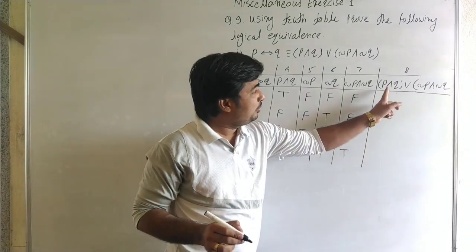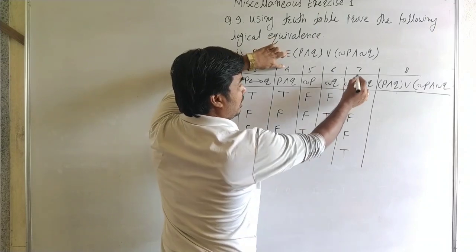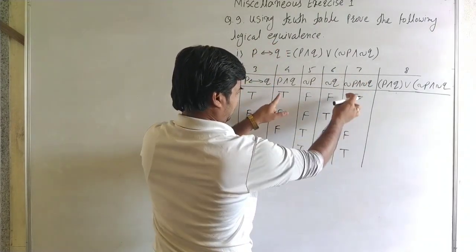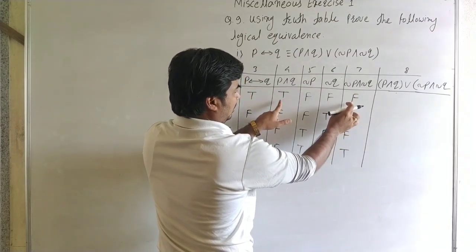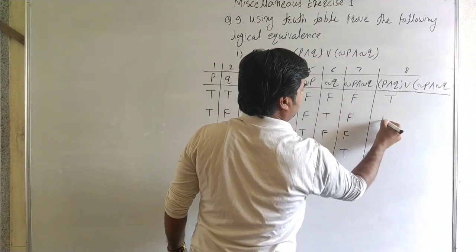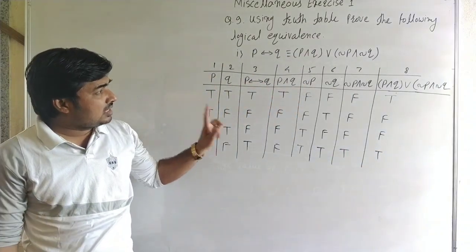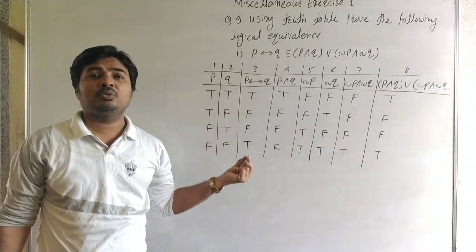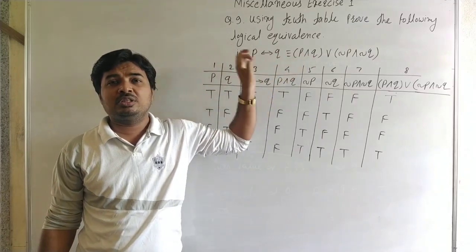Now we want to find P and Q or negation P and negation Q. That means we take column number 4 and column number 7 and find the OR of these two statements. In OR, if at least one is true, the truth value is true, therefore it is true, false, false, true. Now see carefully: column number 3 and column number 8 have the same truth values, therefore these two statements are logically equal.